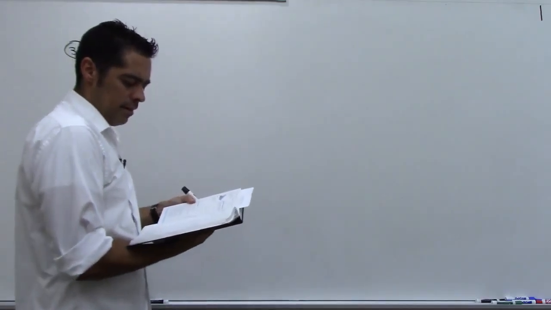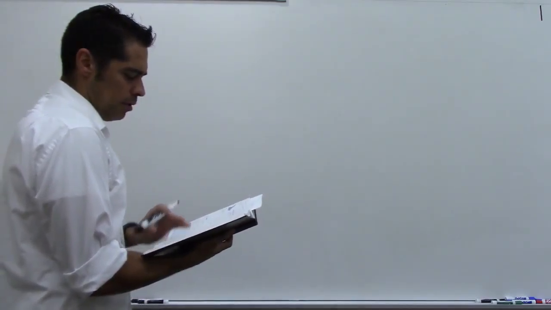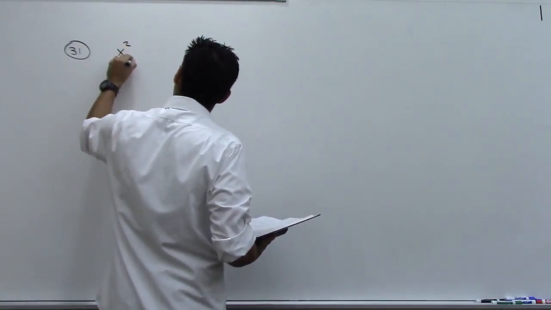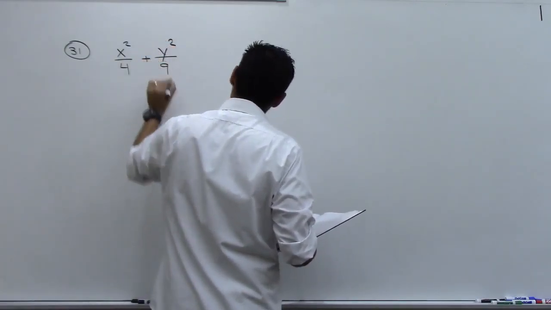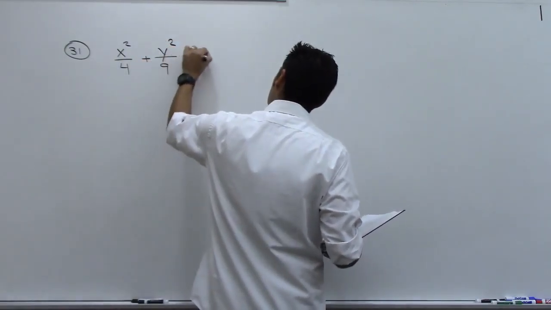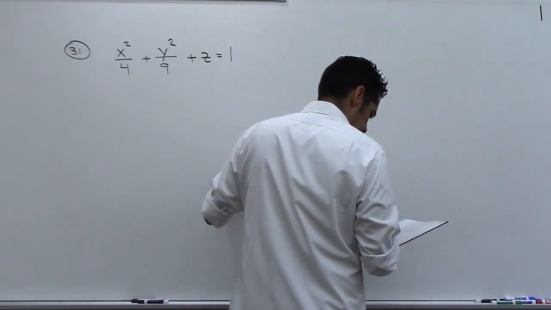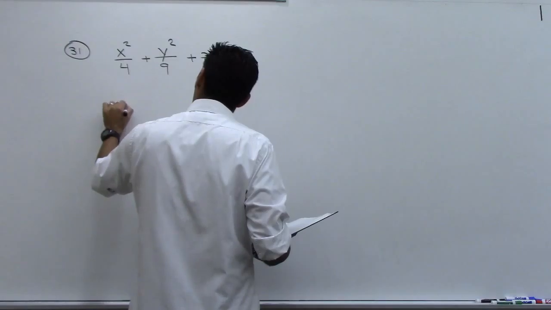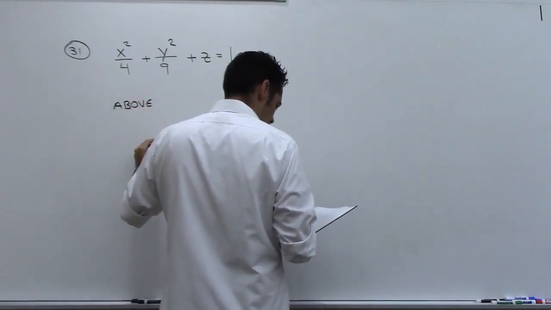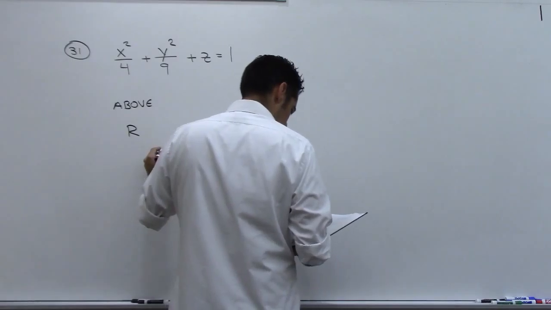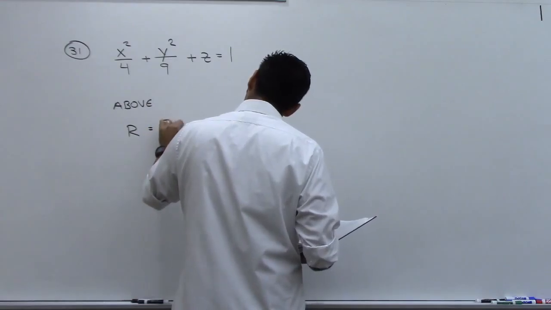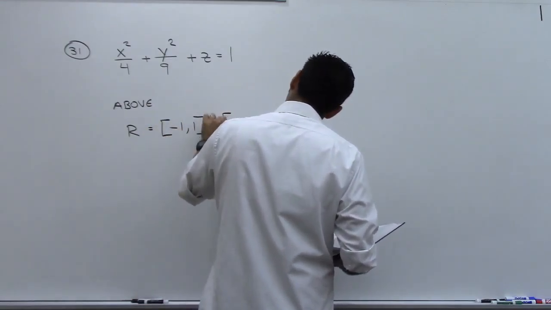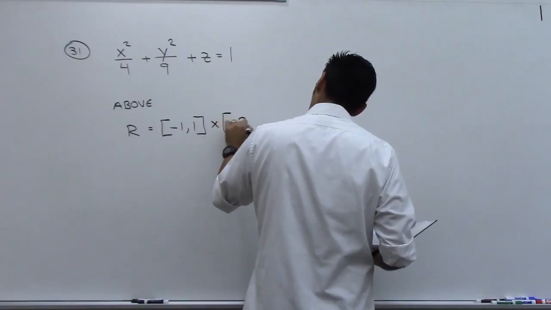31. Find the volume of the solid lying under the elliptic paraboloid x squared over 4 plus y squared over 9 plus z equals 1 above the rectangle R, which is equal to the interval -1, 1 by the interval for y -2, 2.